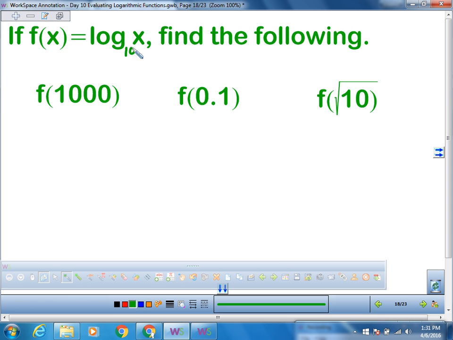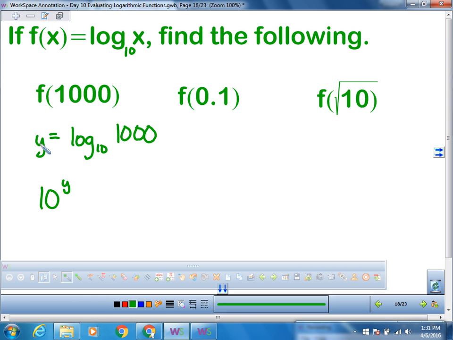Okay, I'm going to do this first one. It says, if I have f of x equals log base 10 of x, find the following. What if x was 1,000? So I just substitute. This is a y, right? Y equals log base 10 of 1,000. Logarithms are exponents. So my base is 10. My exponent is y.